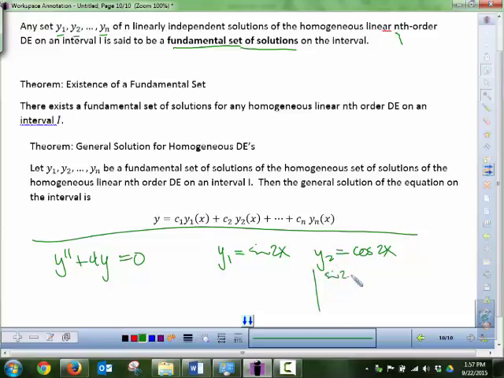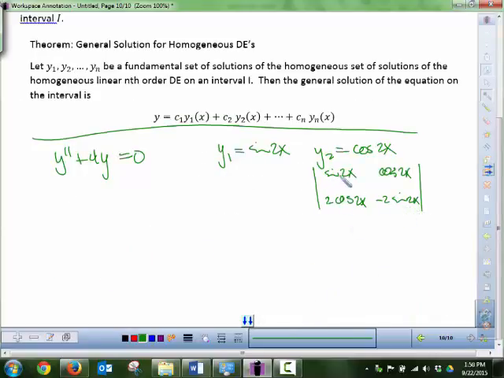So sine 2x, cosine 2x, that's the derivative. Second function, cosine 2x, its derivative, negative 2 sine 2x.